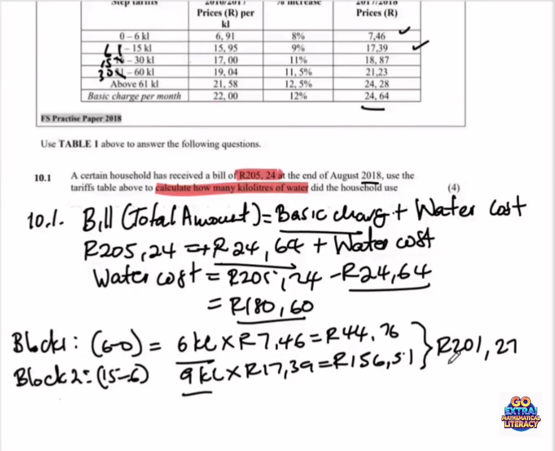So we can see by mere looking that 201 is above 180. That means we have used more kiloliters. There's more. That means on this amount here, we have more kiloliters. But when we add this figure and this figure, the total, in fact, must be 180.